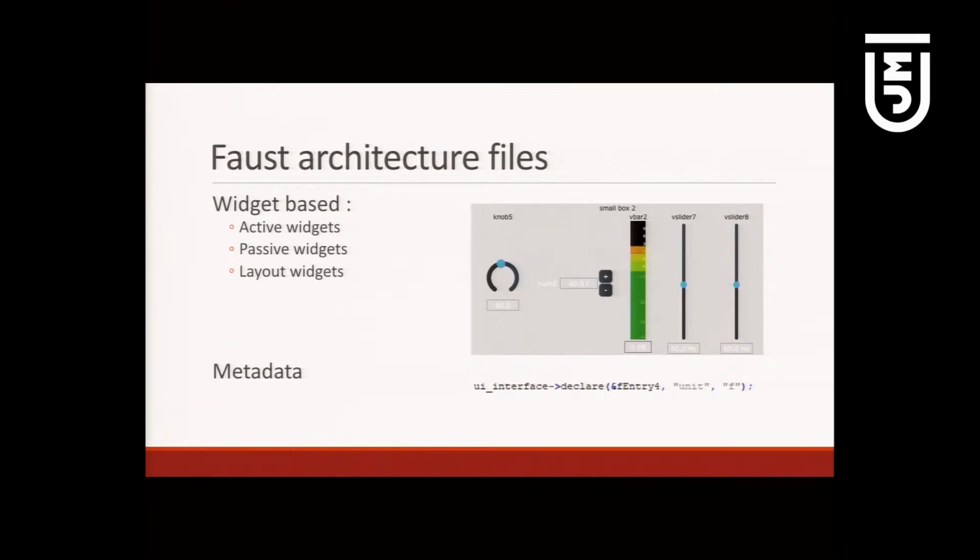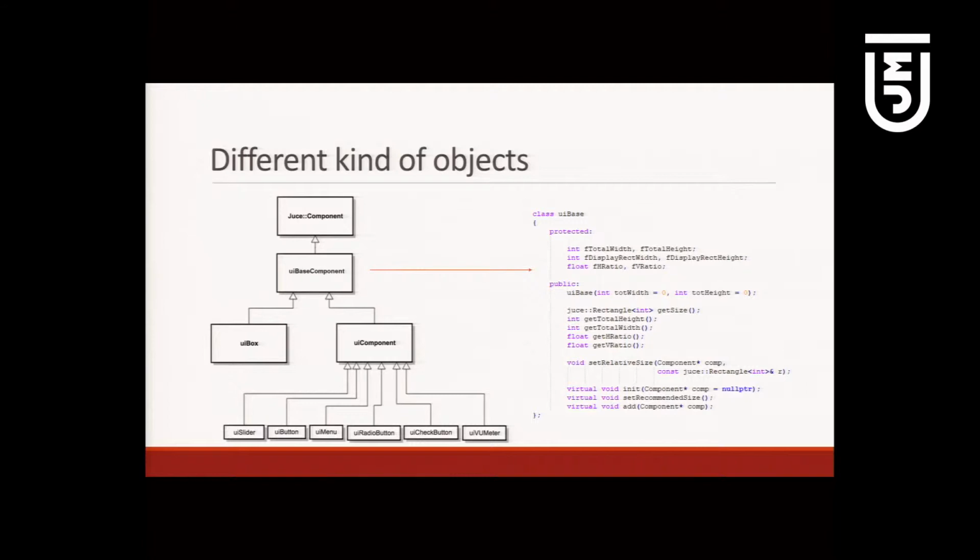And so, knowing that, how do I manage the layout of a Faust module in JUCE? We use different stages of components.